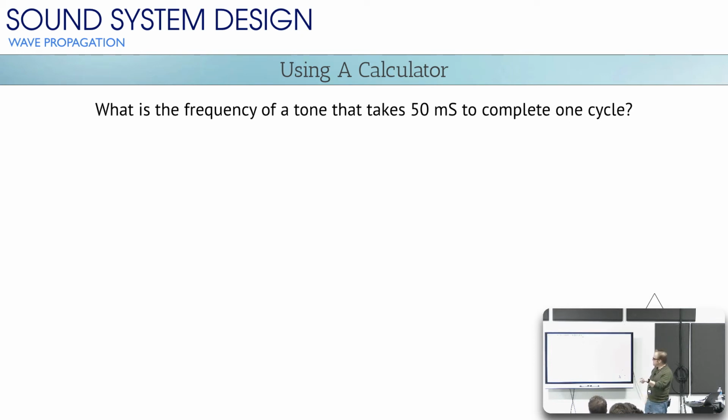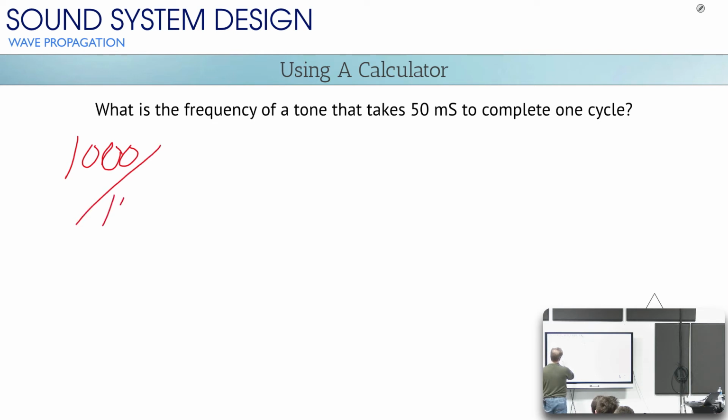So, what is the frequency of a sound that takes 50 milliseconds to complete one cycle? Okay, so cycles per second. There are 1,000 milliseconds in a second. So the first question is how many milliseconds are there in a second? 1,000, right? So if sound travels 1,000 feet per second, then I divide that by 1,000 to get milliseconds.